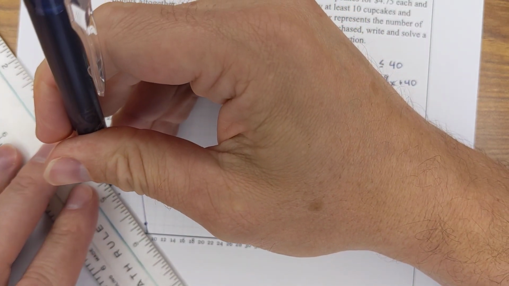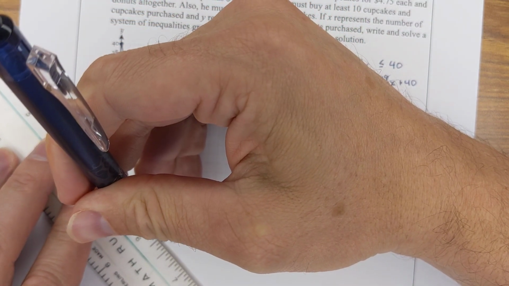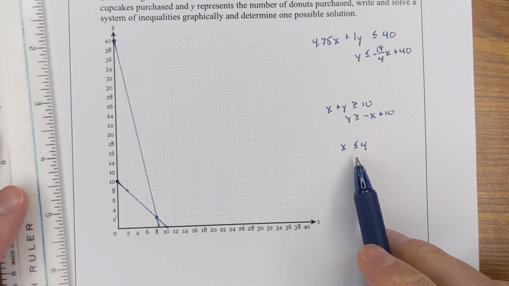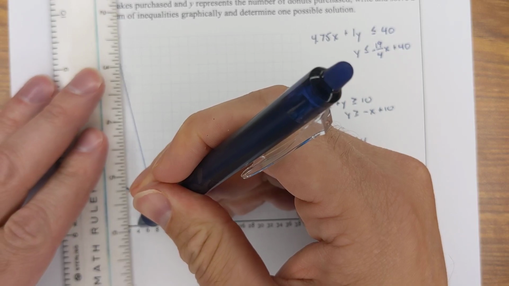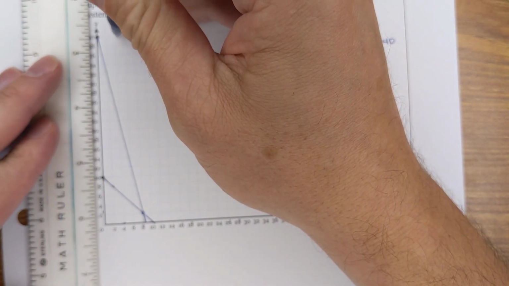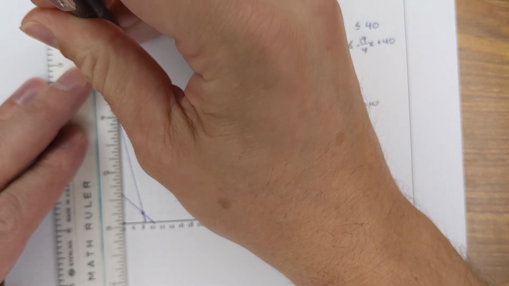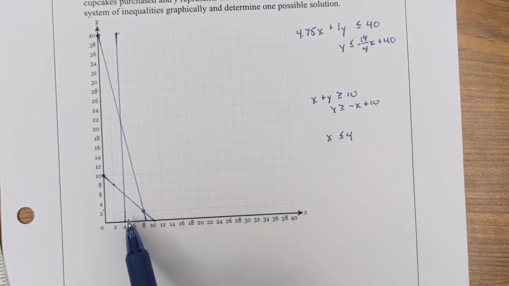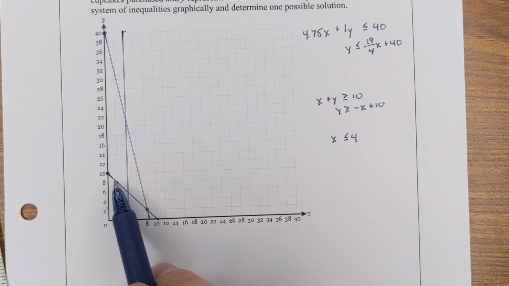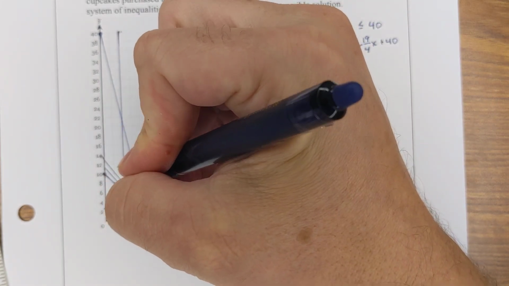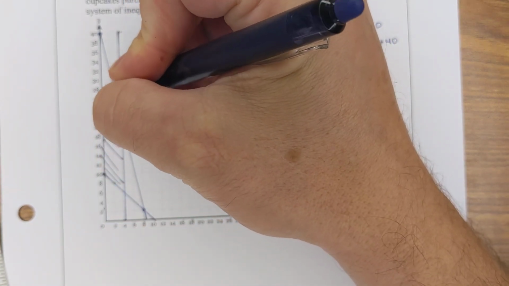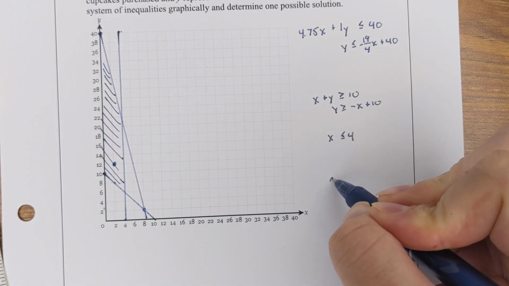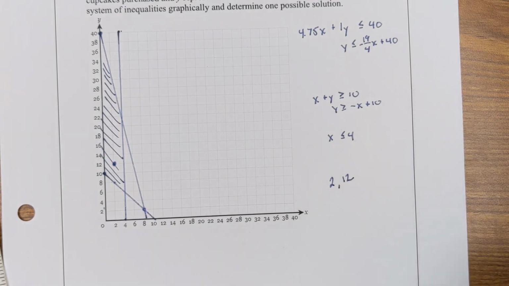So it's going to look like this. And then x has to be less than or equal to 4, so x only is a vertical line at 4. Less than, so points left. So I have to be left of this line, above this line, and below that one. So that's this region right here. Some point from there would be like that point there. So 2, 12.